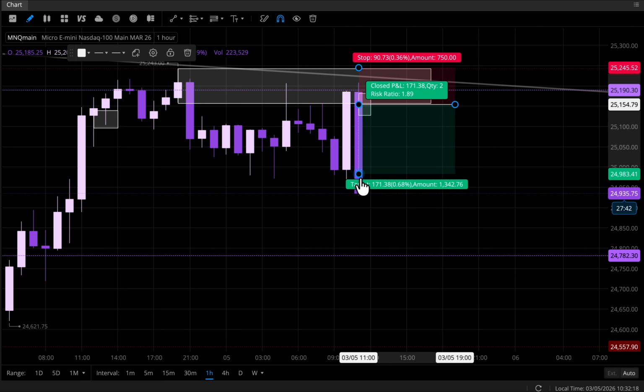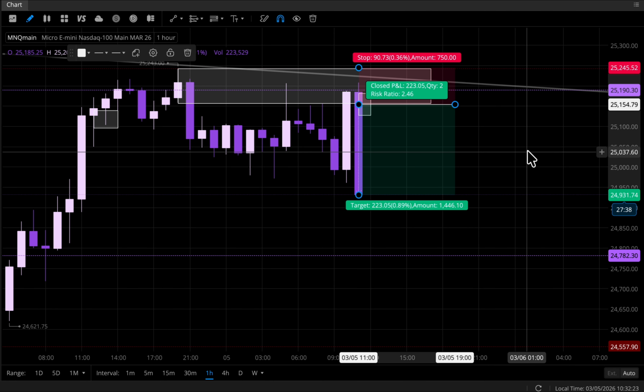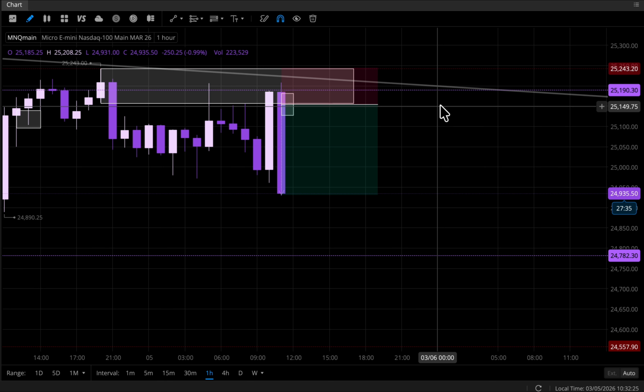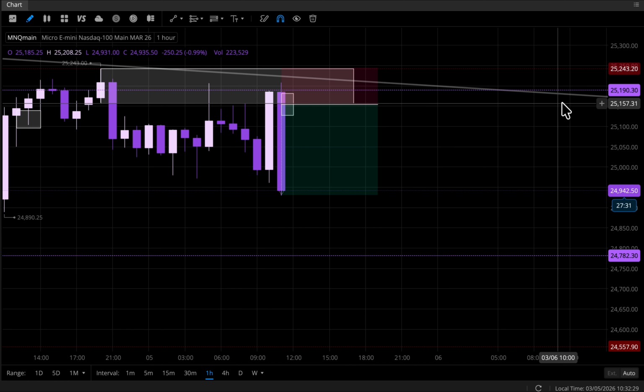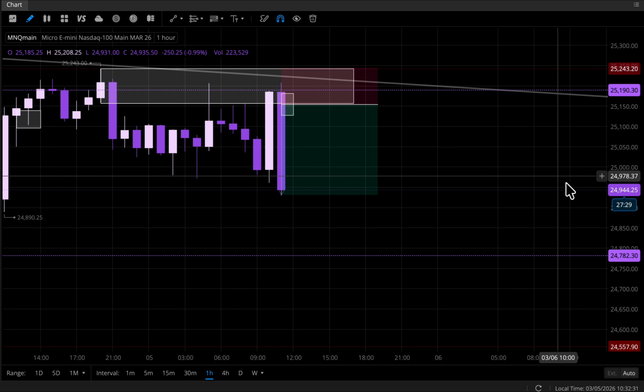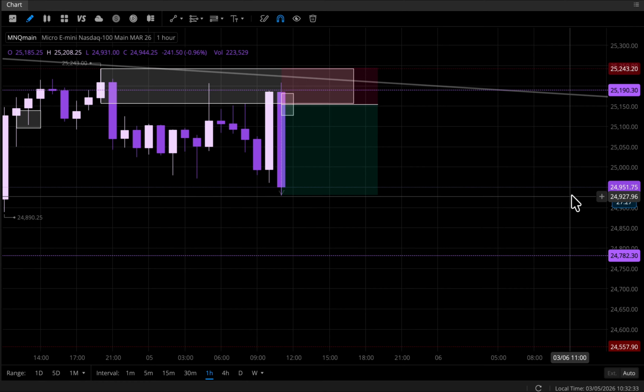Ooh, this is on the higher time frame. This is a 1 to 2, but this is a lot, from let's say 25-1 to 24-9. Jeez, 200 points. That's a lot, y'all. That was a 200-point move.